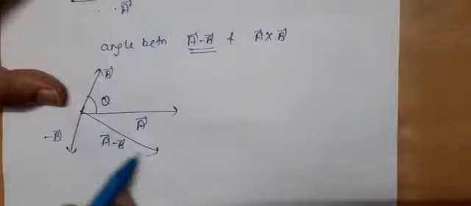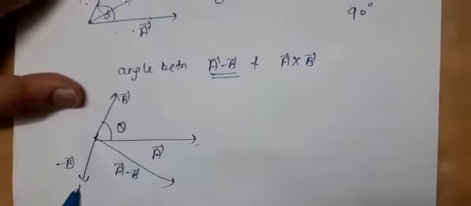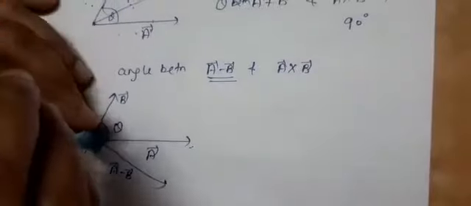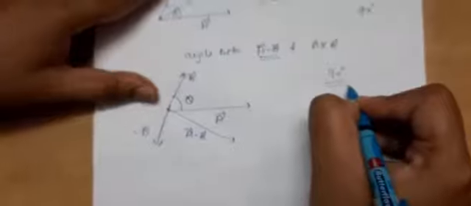So A minus B is also lying in the same plane where A and B lie, and A cross B will be perpendicular to the plane containing A and B. So again you can see the angle between A minus B and A cross B is 90 degree.